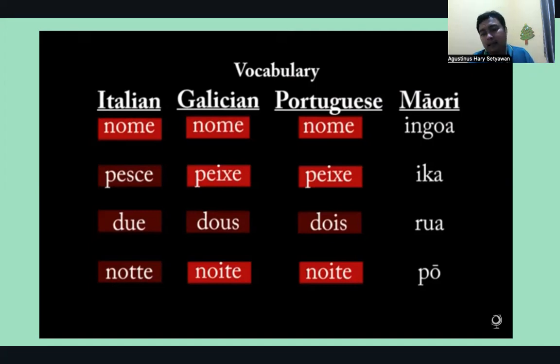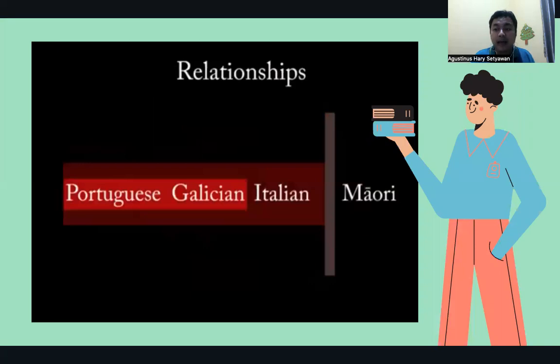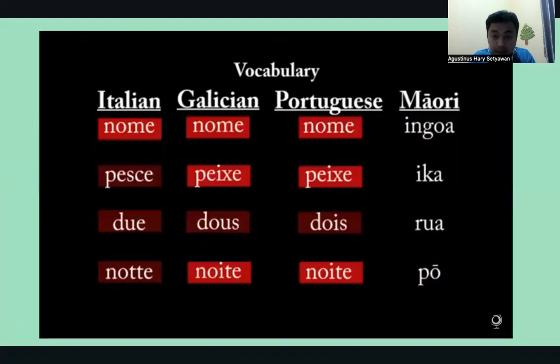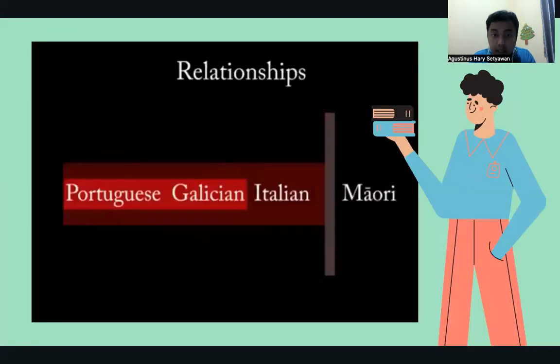And then once again, Maori is quite far from the relations with Portuguese, Galician, and Italian.